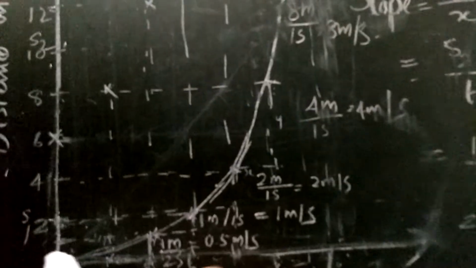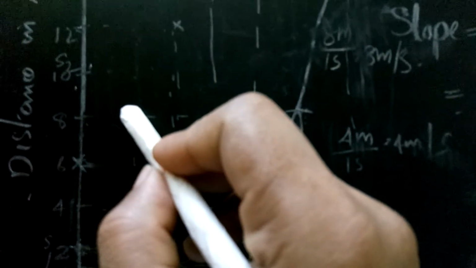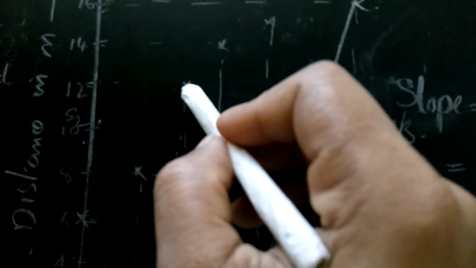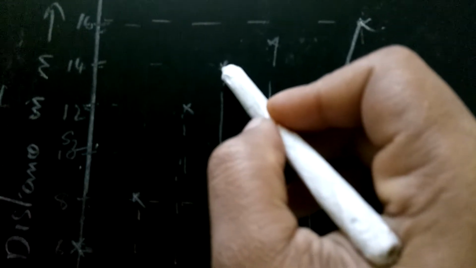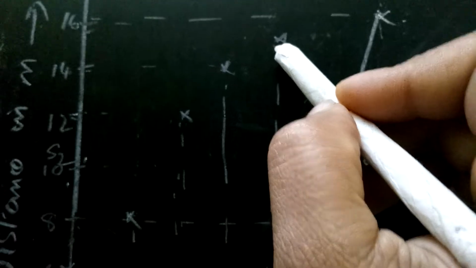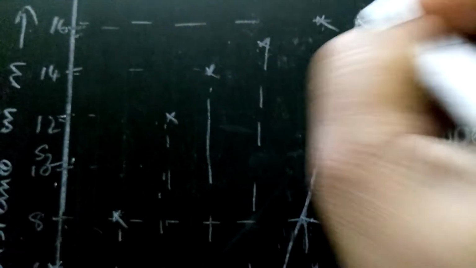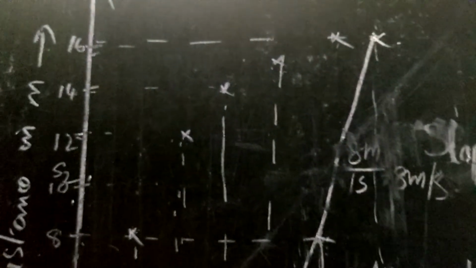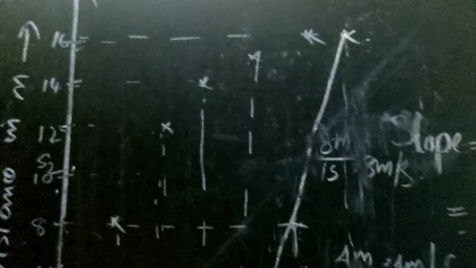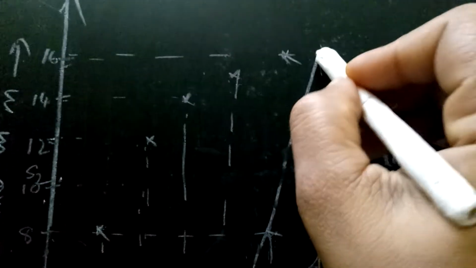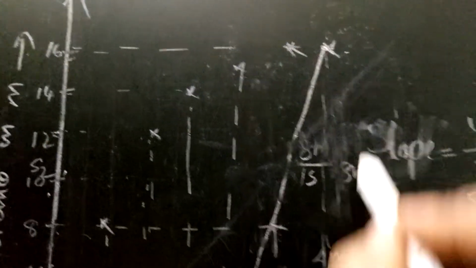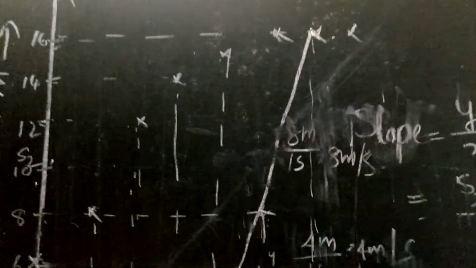That means at first it covers 8 meter, then the next position is 12 meter, next position is 14 meter, next position 15 meter, next second it becomes 16. That means the fifth second it becomes 16, and the sixth second again 16, seventh second again 16. Suppose the eighth second also it is 16.